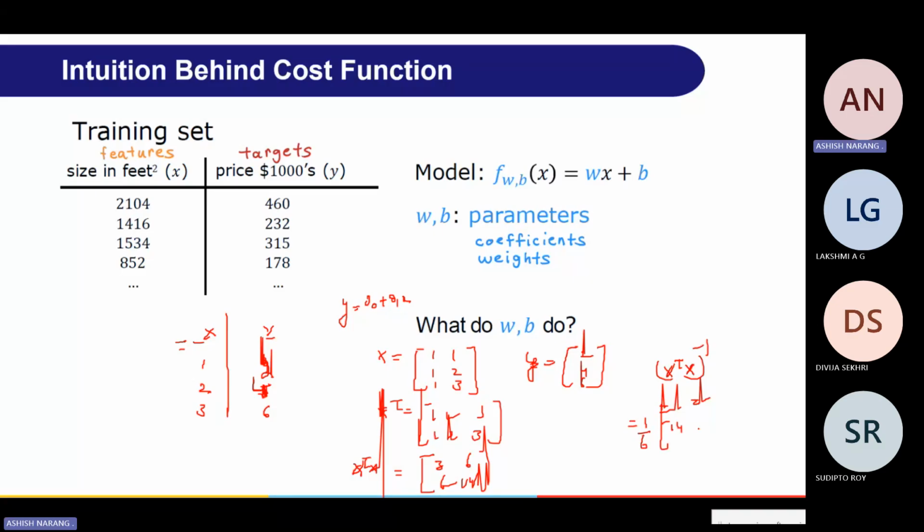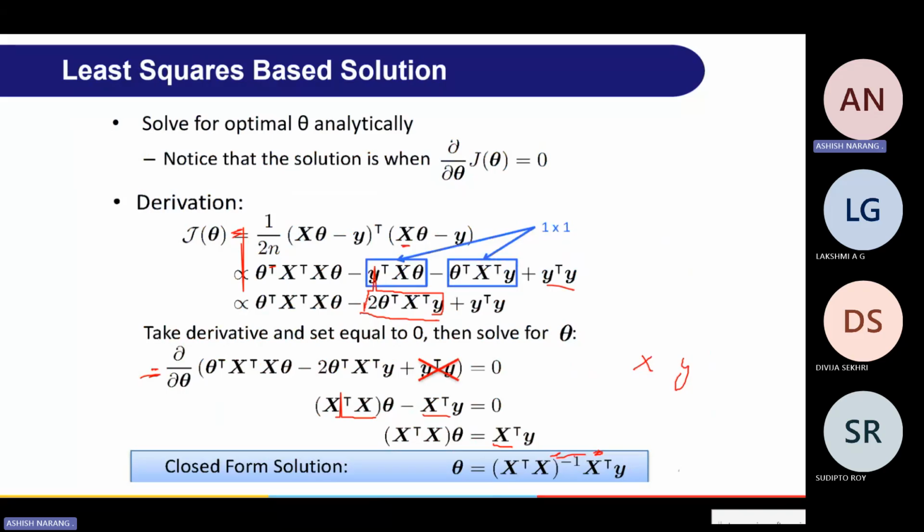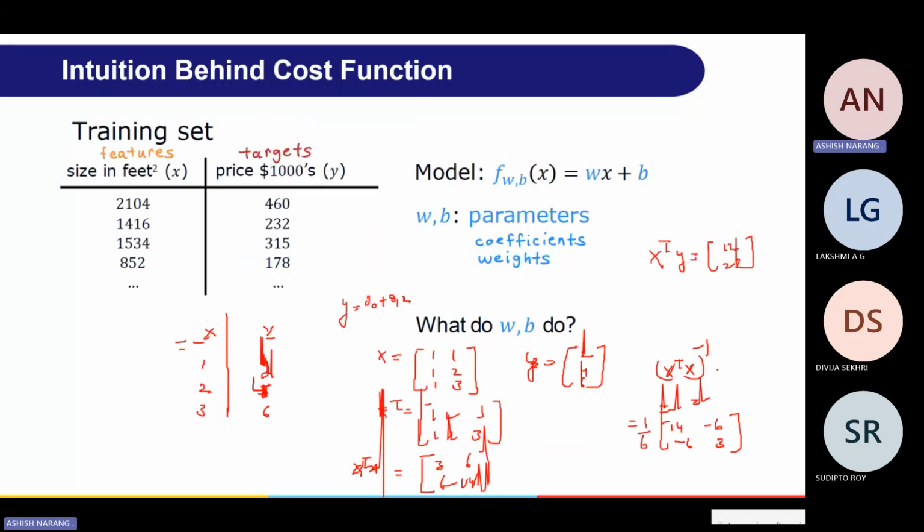This is what you end up with. Finally, you need X transpose Y, which comes out as 12 and 28. So you have X transpose X inverse and X transpose Y, and the multiplication of these two is left. You can multiply these two, and you will learn the model parameters: theta 0 comes out to 0 and theta 1 comes out as 2. Basically, you get the matrix 0, 2.